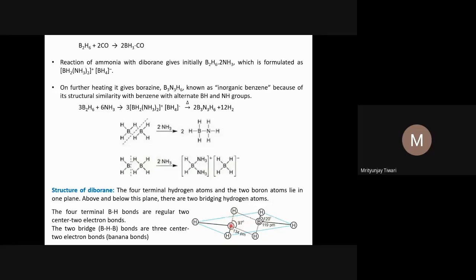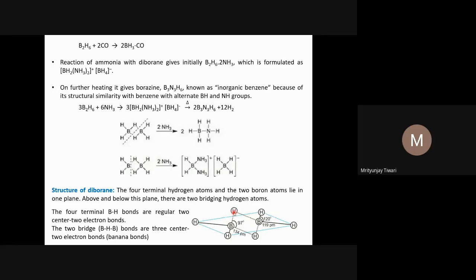Now this BH bond can also interact with this boron center. This BH bond, which has two electrons and two centers, B and H, once it starts interacting with the vacant p orbital of this boron, another center is involved, and now we see a three-center two-electron bond, which we call the banana bond, and so it is a BHB.